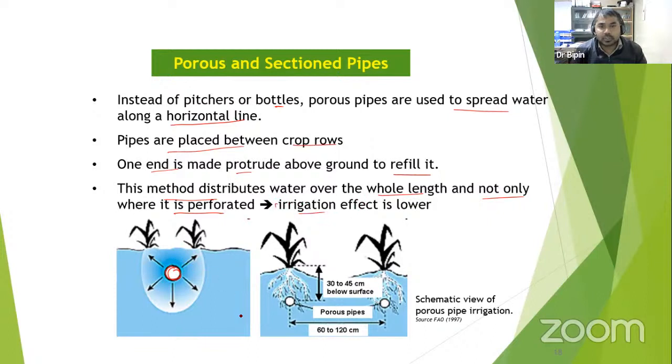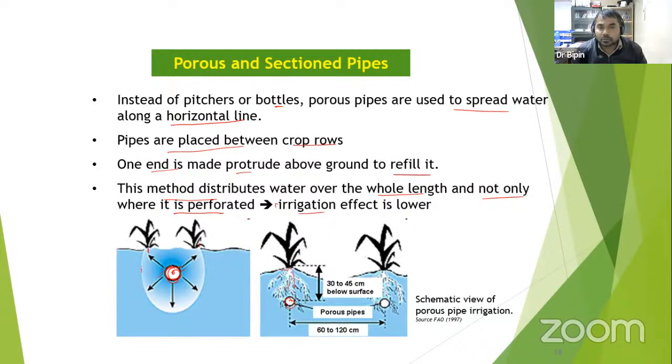Actually, you can see basically there are two types. One, you can put the porous pipe between the two crops where they are growing. So you are applying the water here, and this pipe is porous. The water will slowly seep, and it will be available to both row crops. And you can also use a porous pipe inside, and you can plant your crops above that.